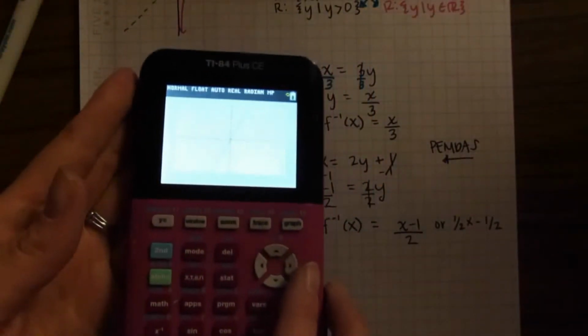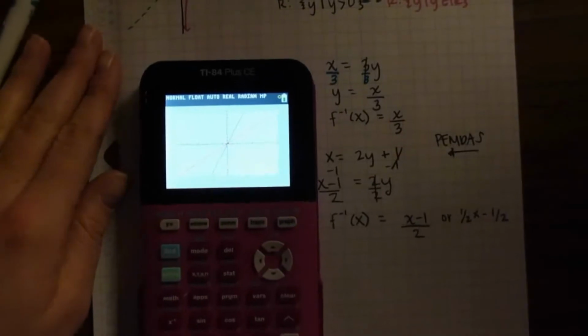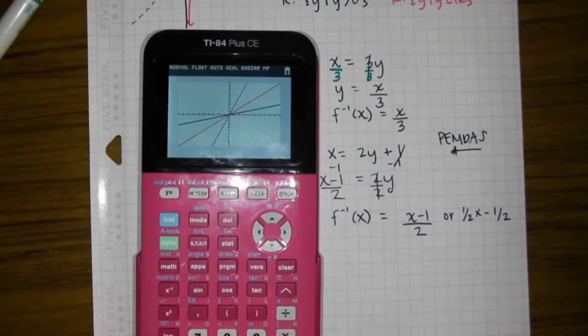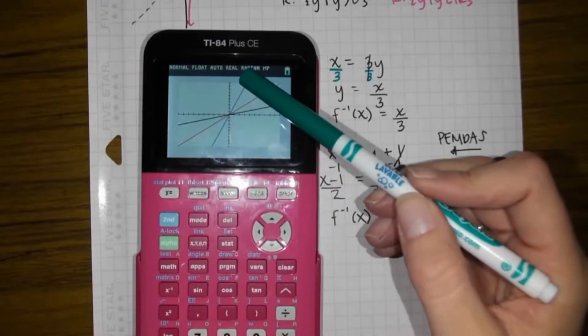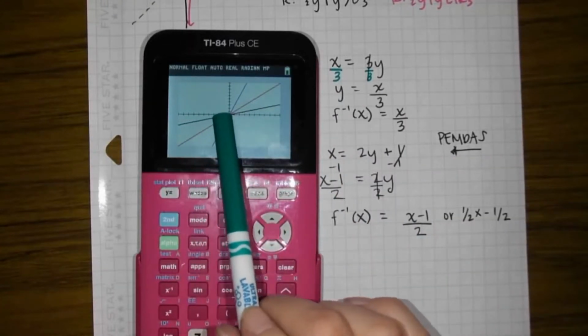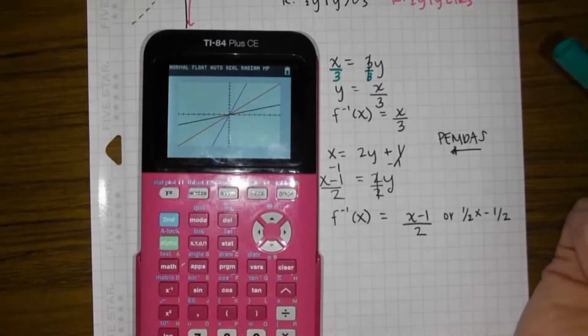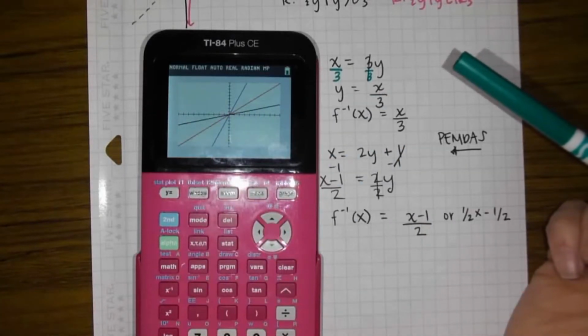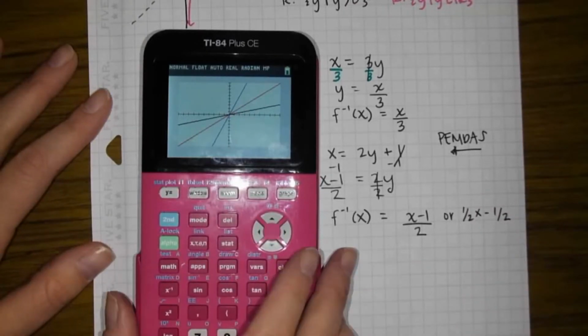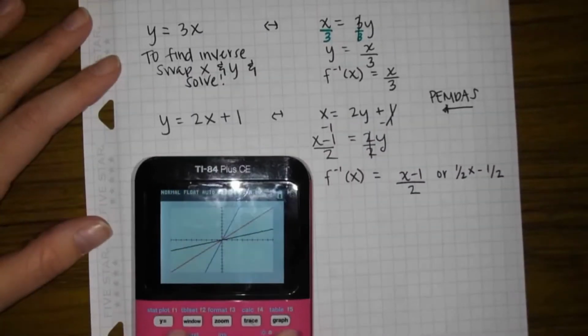When I hit graph, this should be a reflection over y equals x. Can't see it very well. There we go. So the blue one was our original 3x, the red one is y equals x, and the black one is x over 3. And that looks like a pretty good reflection. So that's one way to check your answer.